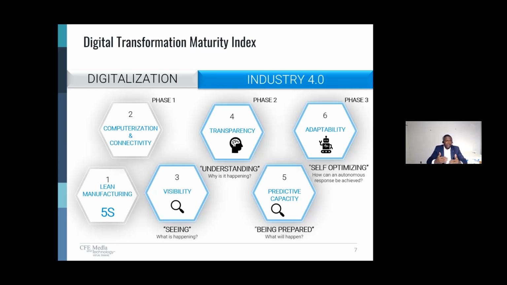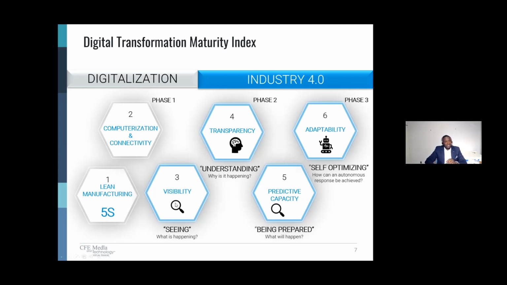So that's what we talk about when we say connectivity and computerization. It's not just connecting a cable, a wire, and we're posting 5 volts or 24 volts, and we're turning some kind of a relay on, and we get a 1 or a 0. But again, we're talking about bytes of data, being able to push and pull. That's when we know that we've taken care of phase one.